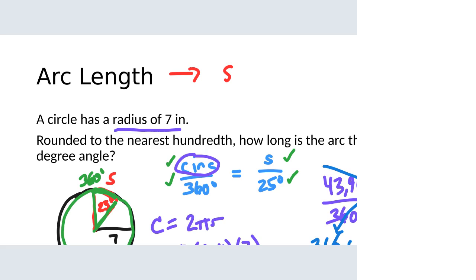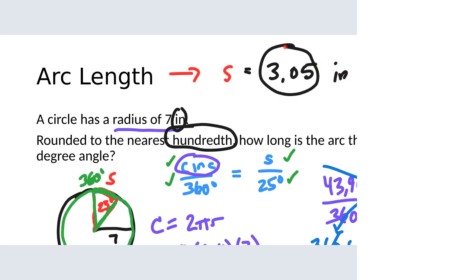Here we were told to round to the nearest hundredth, so find the hundredths place, look one space to the right, that's 2, lower than 5, so we'll round down, and our arc length is 3.05. Since it was inches, it would be inches, but your answer would just be the 3.05.